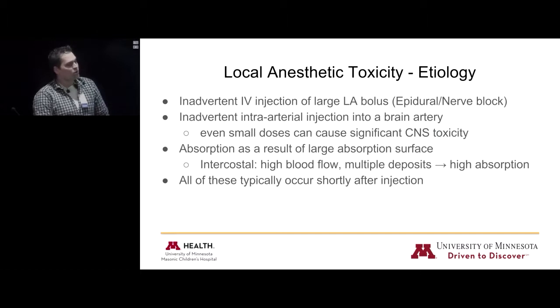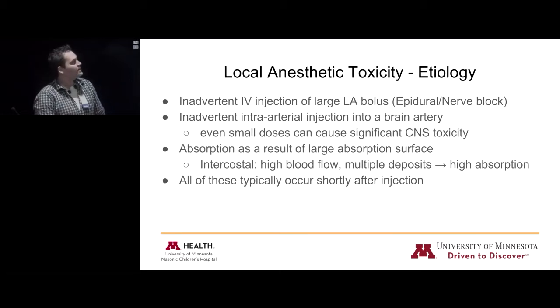Sometimes even much smaller amounts can cause significant CNS toxicity, for example if there's an inadvertent injection in an artery, such as the internal carotid artery, where there's no dilution towards the brain and the brain gets the full load.